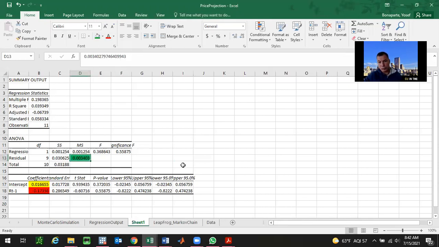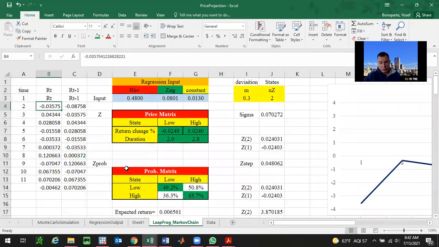But here's where students make mistakes. I need these three numbers. We're done. It's just now we're going to read the results. You put them in the leapfrog. You put the yellow here, the red here. Now the green is here. Now the green is the square root of the regression output.